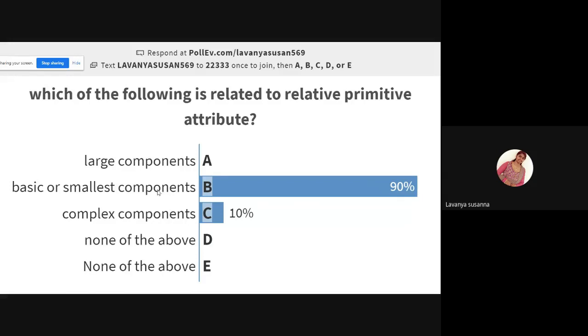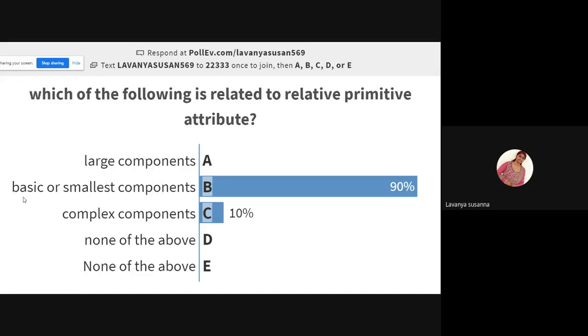I already explained by drawing some image, something like Mickey Mouse. I have drawn it and explained it. 10% have answered complex components. How is it related to the relative primitives? B is the answer. Most of you have answered B. Very good.